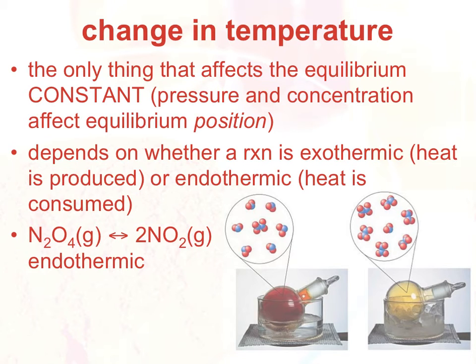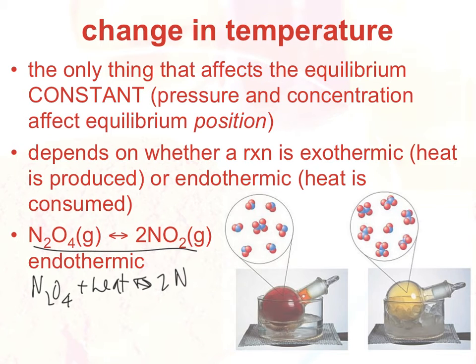We're going to look at the heat produced or the heat absorbed by a specific reaction as reactants or products for those specific examples. In the example they gave us here, they told us that this is an endothermic process. What that means is that this process needs to absorb heat in order to occur.